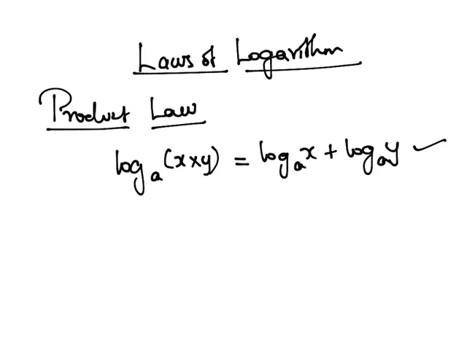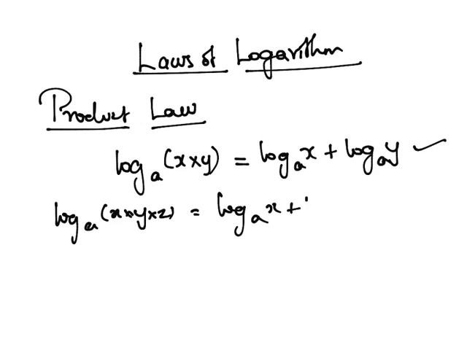Now you can extend it to any number of variables. For example, log of x into y into z to the base a can be written as log x to the base a plus log y to the base a plus log z to the base a. Okay, so how can I write log of x square to the base a?